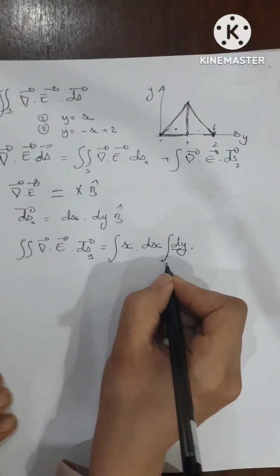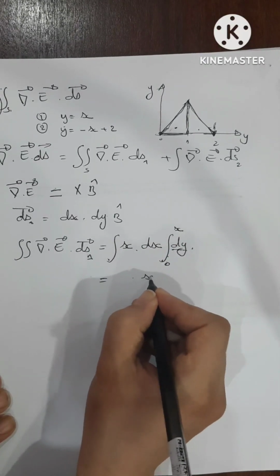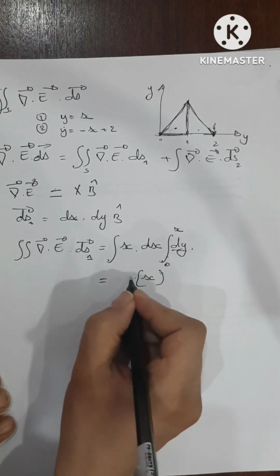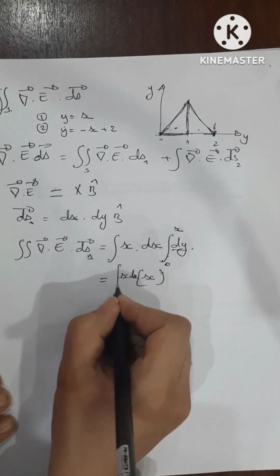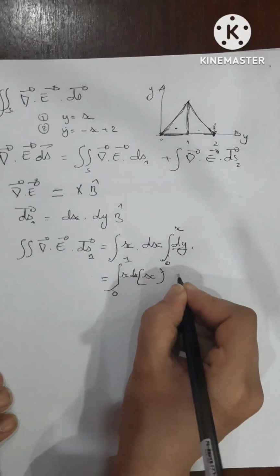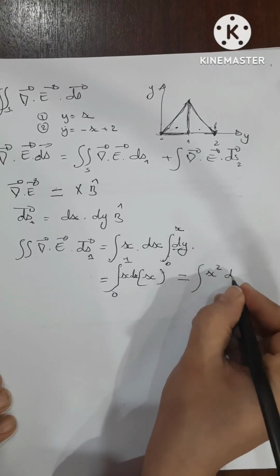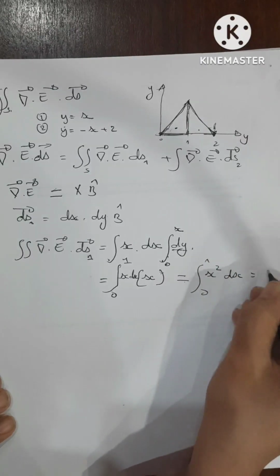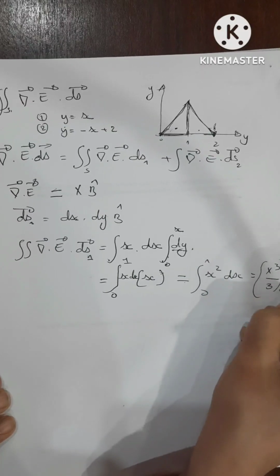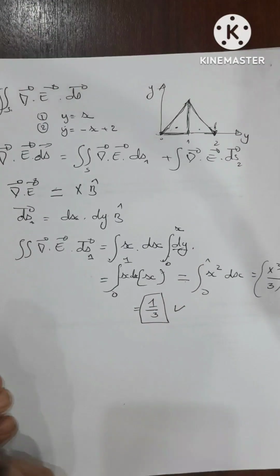So from 0 to x, it is x dx. Now the integral of x from 0 to 1, so the result is x squared dx from 0 to 1, x cubed over 3 from 0 to 1. It is 1 over 3. This is the first result.